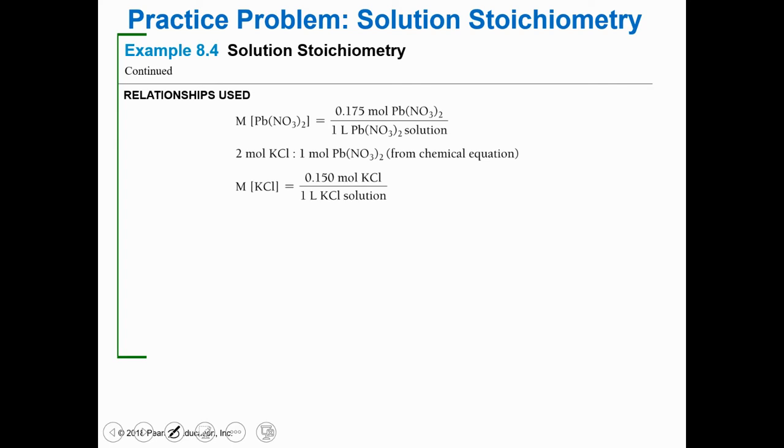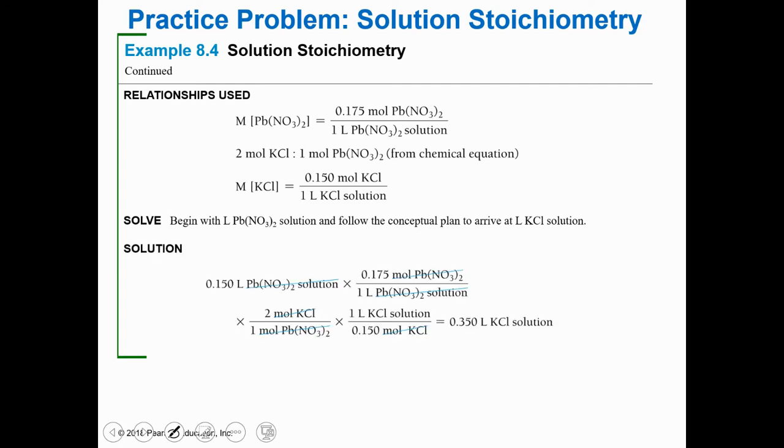All right, so here's all my relationships. I have the molarity of lead nitrate. I know my mole to mole ratio of the two components I'm going to be comparing, and then the molarity of my potassium chloride. Using that conceptual plan, here we go.